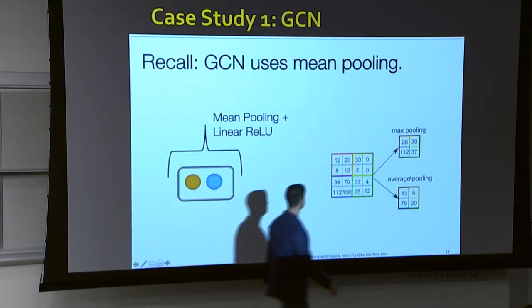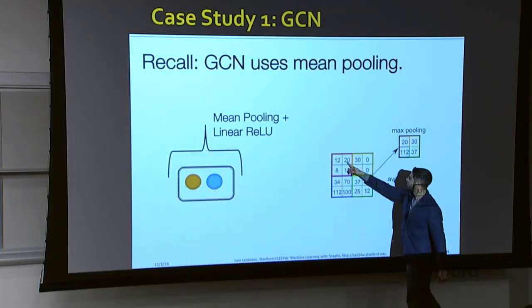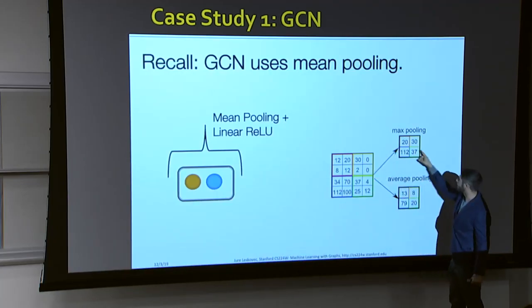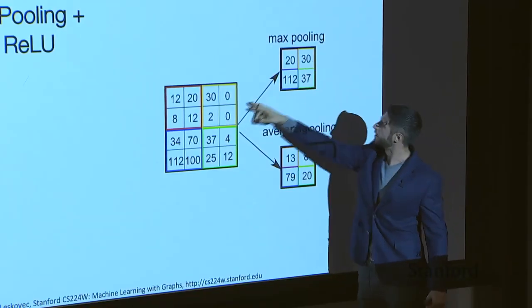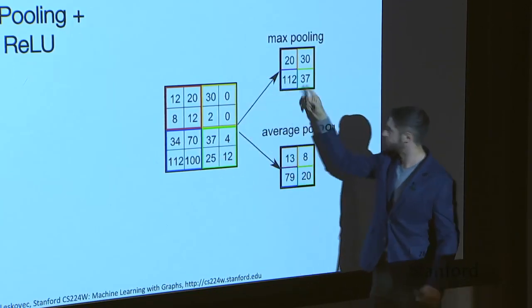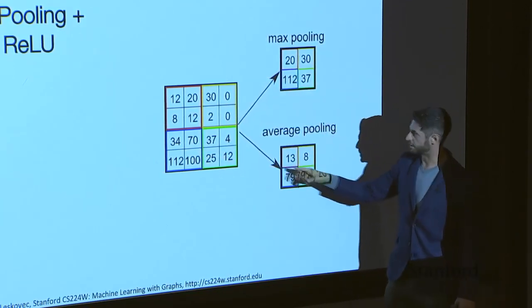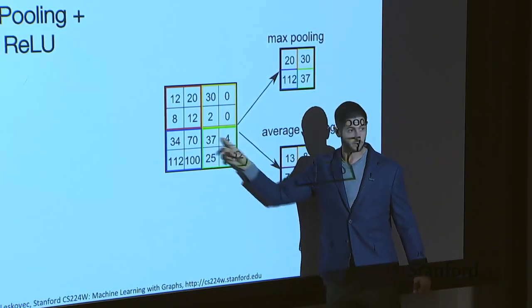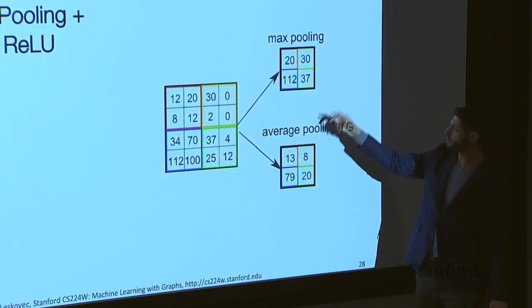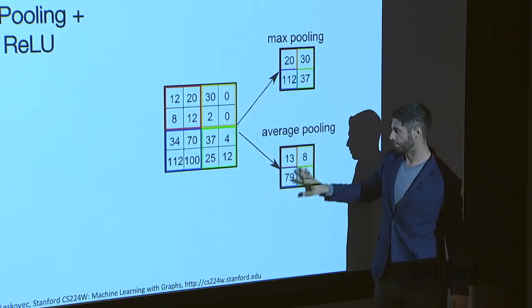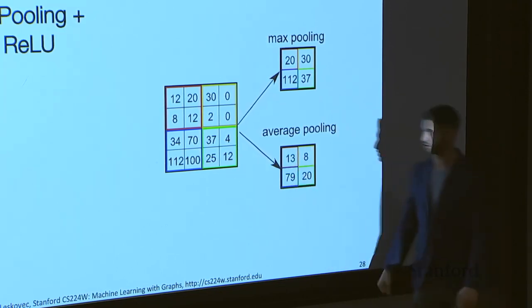With max pooling, you see, we take the max component per each area of that matrix, per each submatrix. So you have 20, 30, 112, 37, and then average pooling instead is we take all the components and then we produce the average over them, okay? So as a reminder, what the GCN does is use the average pooling part, all right? So that's the way in which it's going to behave.